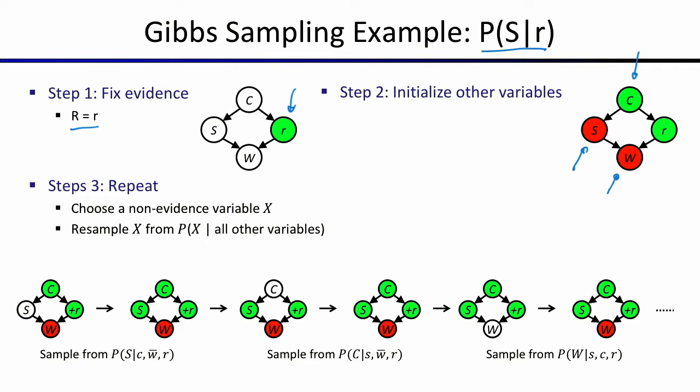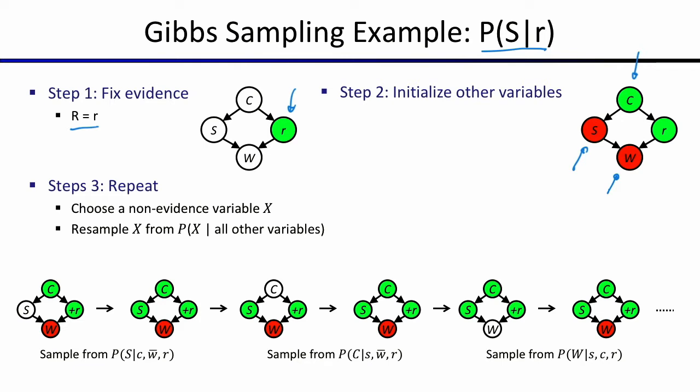So now that we have this complete instantiation, I'm going to start changing the instantiation variable by variable. It's important that, as we gave these random values, this instantiation does not come from the probability distribution expressed by the Bayesian or the Markov network. It's just a random instantiation.